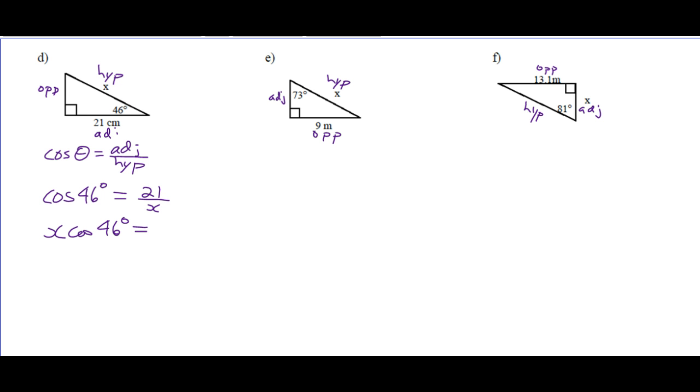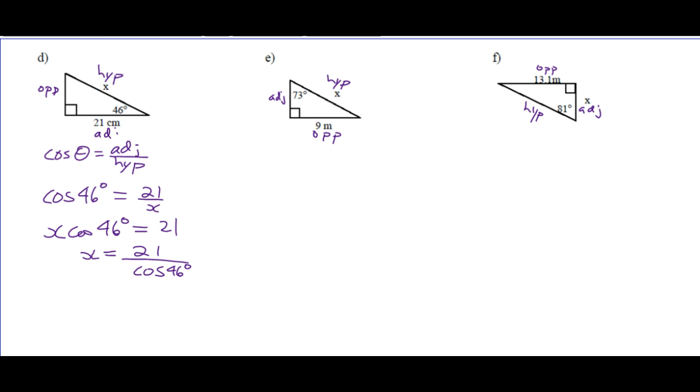Then to get x by itself, it's 21 divided by cos 46. So it takes one more little step: multiply both sides by x and then divide both sides by cos 46. I'll show you the trick in a minute.